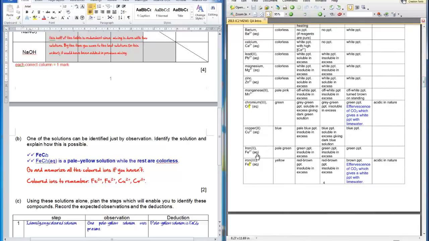You have the iron 2+, which is pale green, and the iron 3+, which is yellow. Since FeCl3 is going to be a solution of low concentration, it's going to be a pale yellow solution. So by color, we can identify FeCl3.